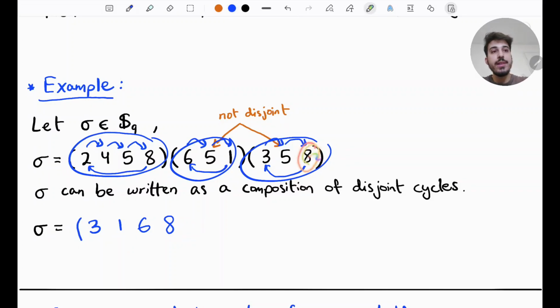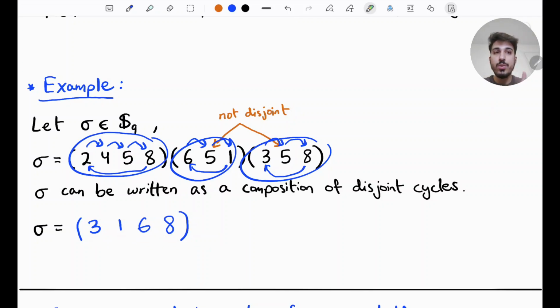So 8 is being sent to 3. And we look here, we see that 3 is sent nowhere, so it just remains 3. And we see here that 3 is also sent nowhere, so it just remains as 3. But we don't write 3, remember, we already have 1 here. So we just close the parentheses and we have our first cycle. So our first cycle contains 3, 1, 6, 8.